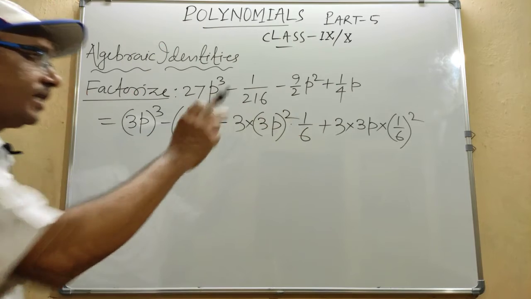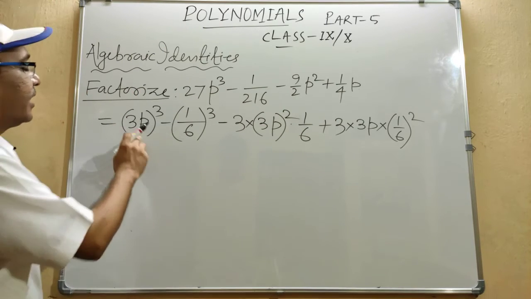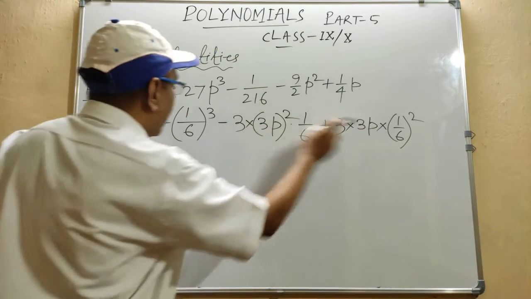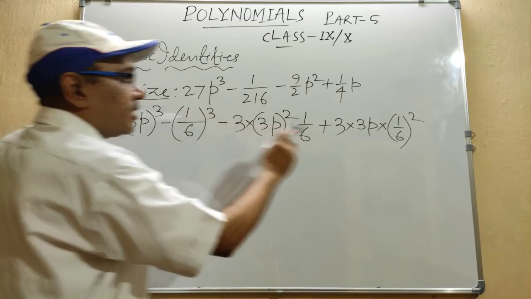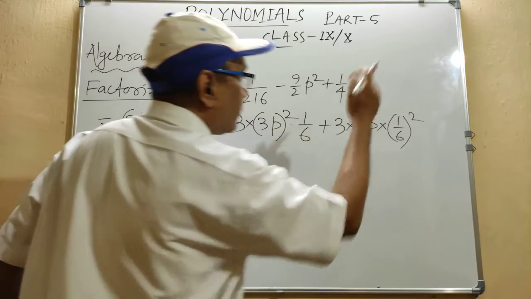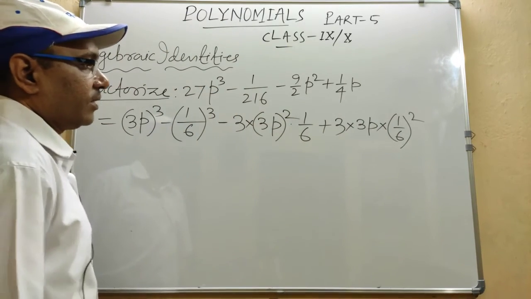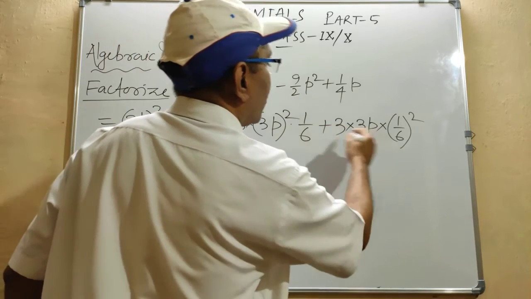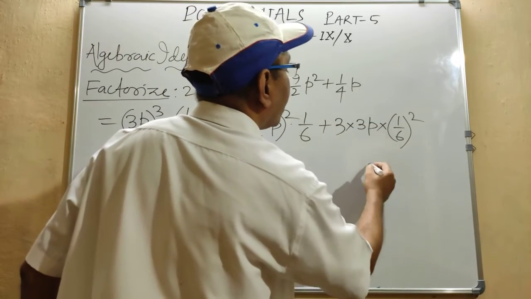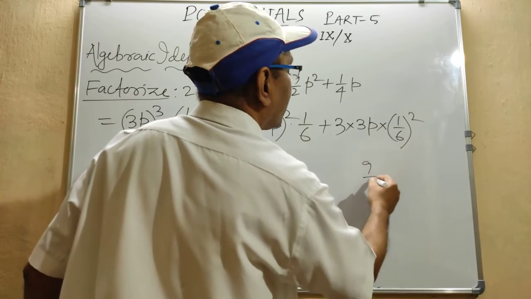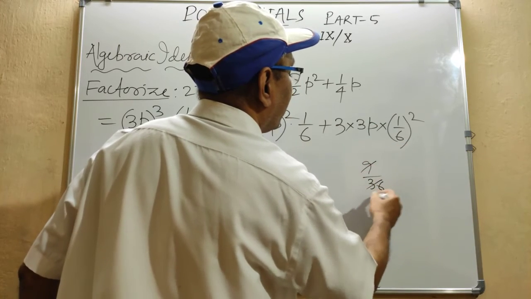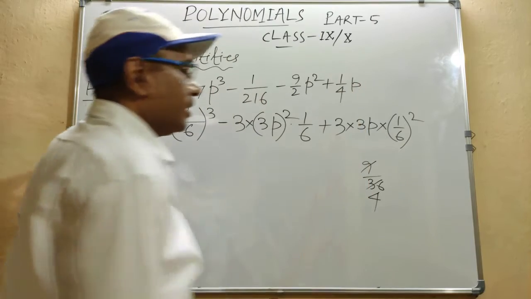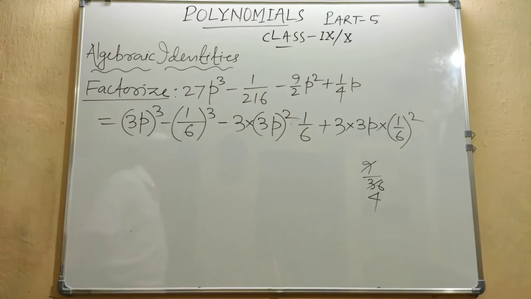The last term should be 3ab square. 3a means 3p, 3a b square, b square means 1 by 6 its square. Simplify it: 3 into 3 is 9, and 6 square is 36. So 9 4s are 36. So it should be 1 by 4 p. Then only your problem will be solved.